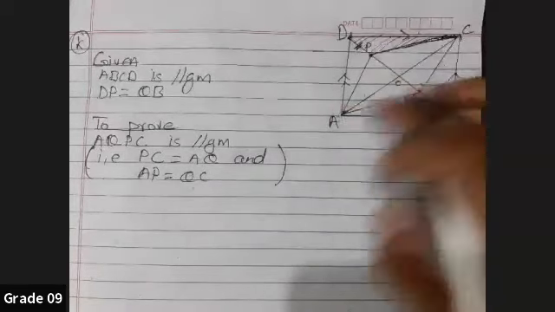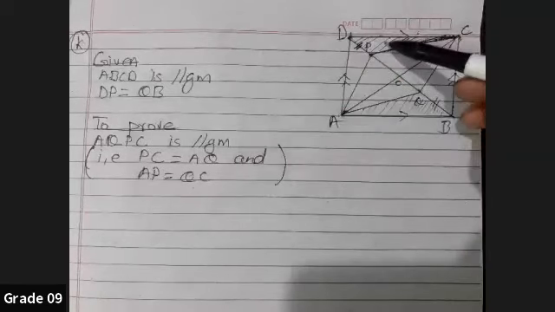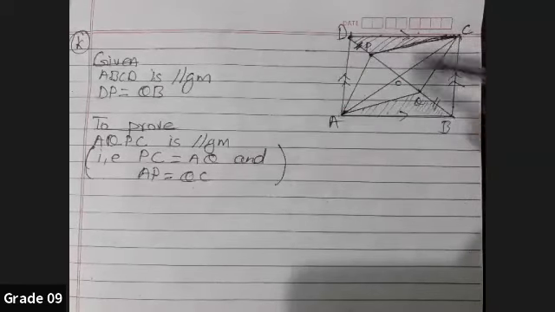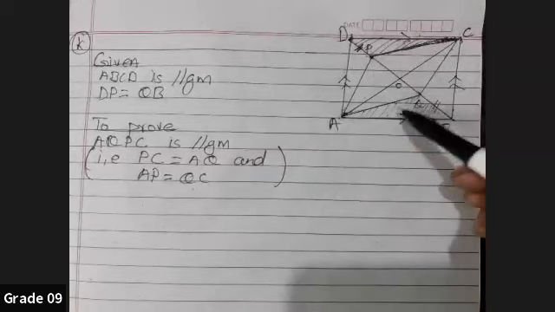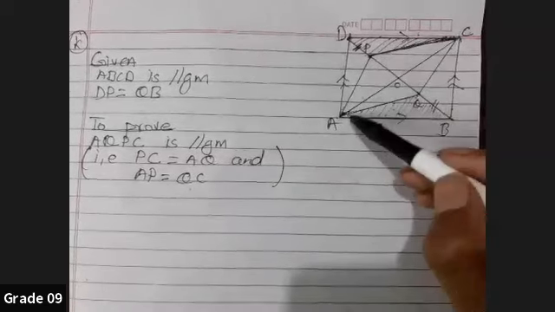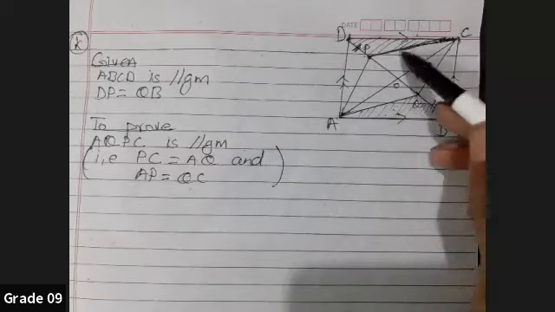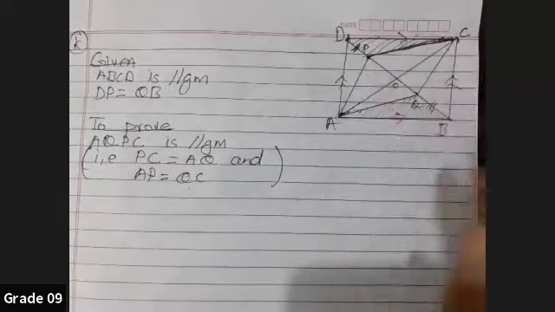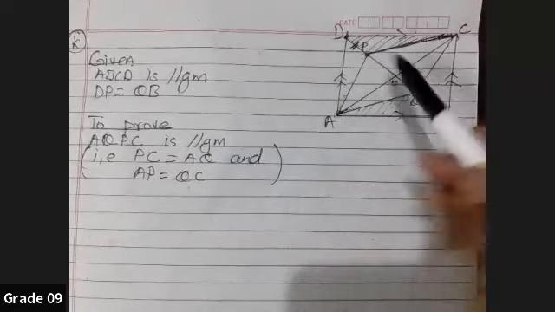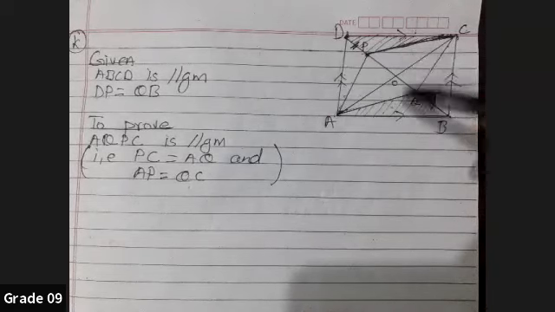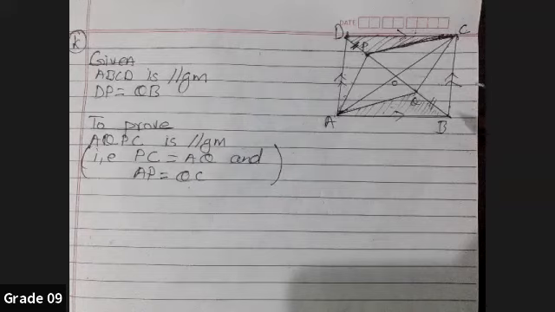Because our target is to prove the parallelogram. If these two triangles are congruent, then this side and this side will be equal, being corresponding sides of congruent triangles, and from the quadrilateral's viewpoint they are opposite sides. We will prove the other two triangles congruent in the same way, so both pairs of opposite sides will be equal and we can say it is a parallelogram. Let me begin.